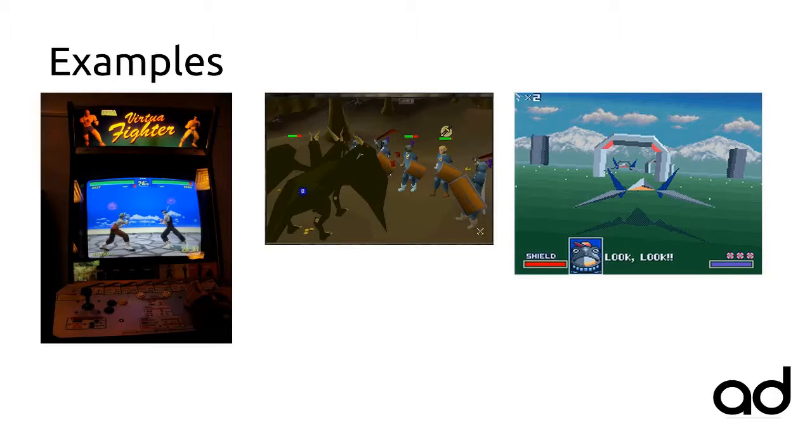On the far left here, we've got probably the earliest example I could find of real-time 3D polygons, and that was used in the original Virtua Fighter game. Many of you who are familiar with it will know it for its iconic blocky polygon characters, and the way they textured those characters was painting the vertices different colors.